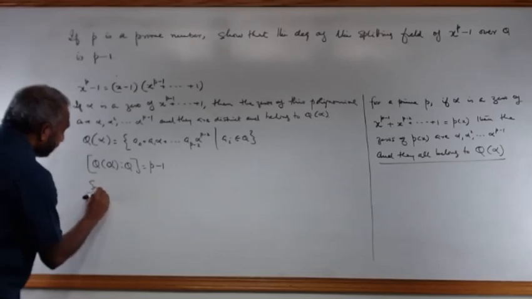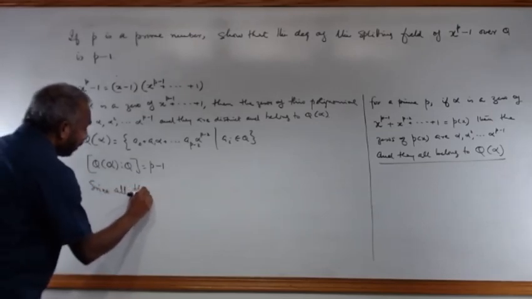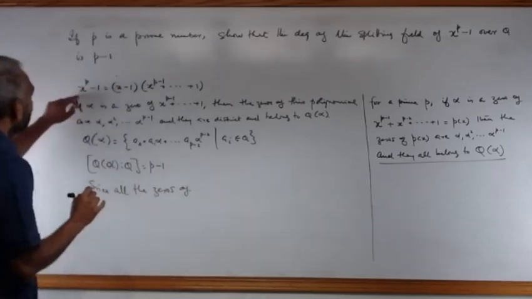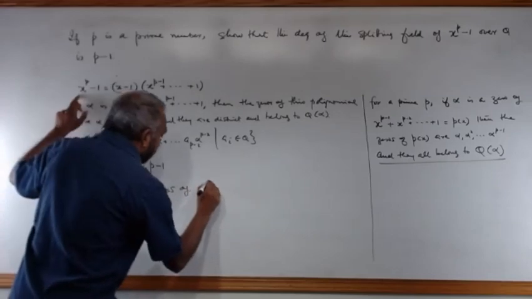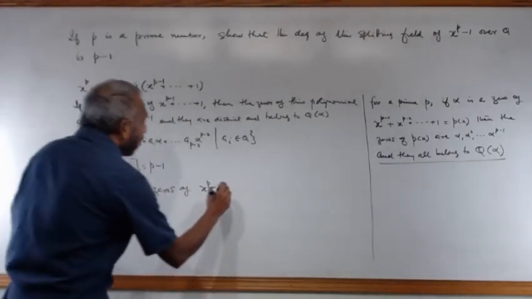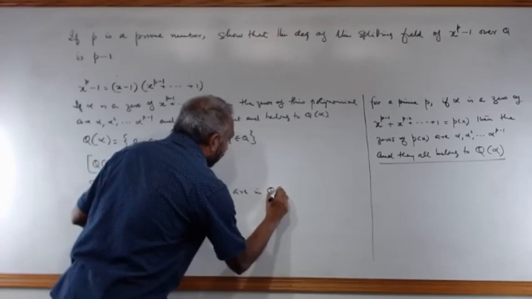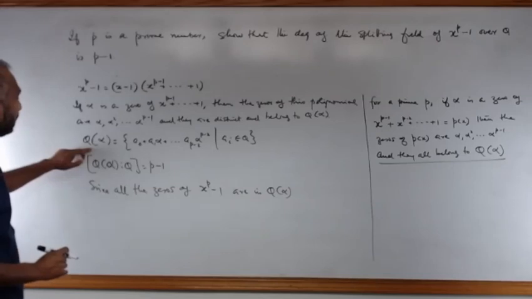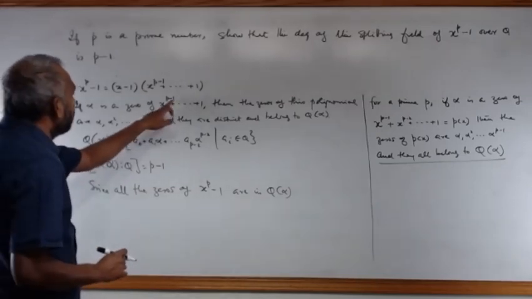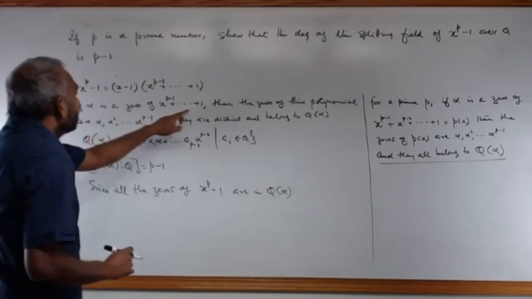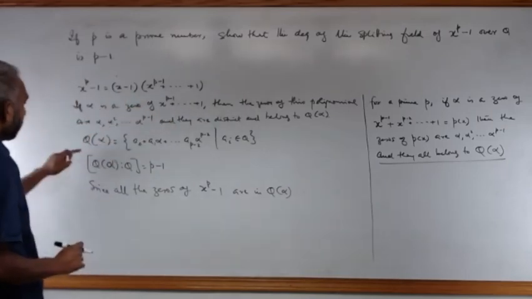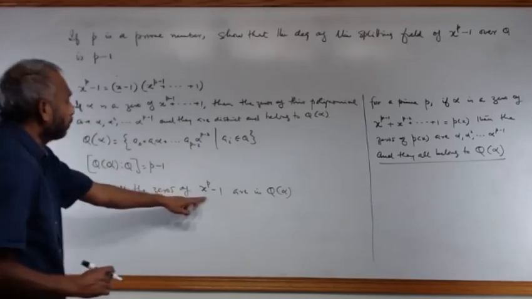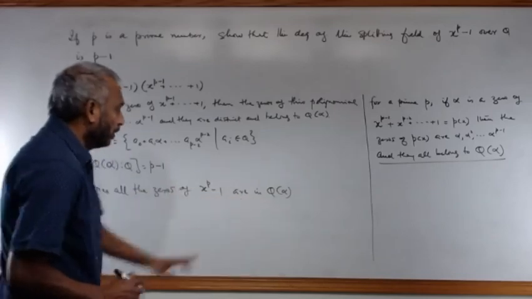Okay, and since all the zeros of x to the power of p minus 1 are in Q of alpha. We say that Q of alpha contains the zeros of x to the power of p minus 1 plus through plus 1, but the other zero is 1, and that is also a part of Q of alpha. That's why I'm saying all the zeros of x to the power of p minus 1 are in Q of alpha.